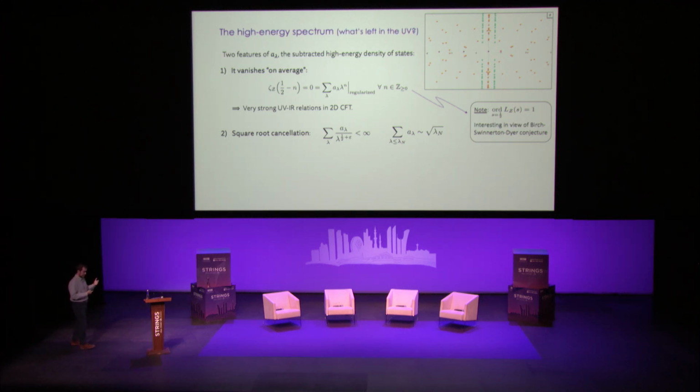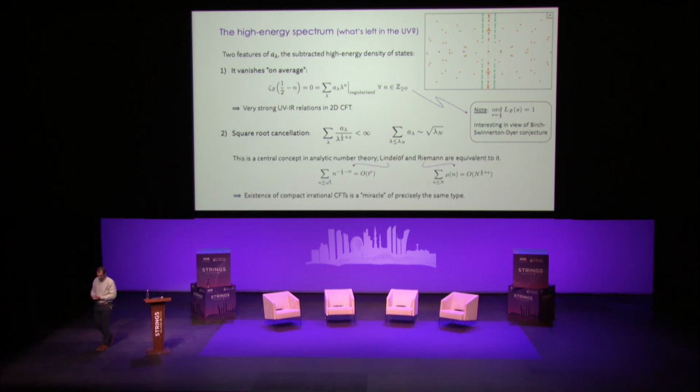Another way to say this, different but related, is that this density exhibits square root cancellation. So the statement that the object we're talking about is regular to the right of s equals 1 is the statement that when you sum up to large frequency, this behaves asymptotically like square root, not like linear in lambda. So you have a square root savings, and this concept, square root cancellation, is central in number theory.